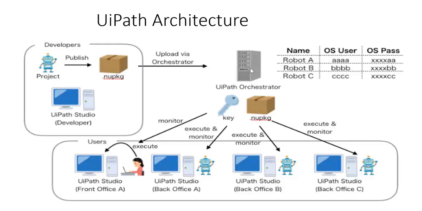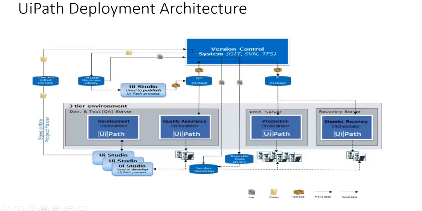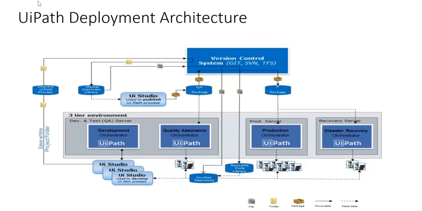If you see in the orchestrator, we have, for example, different users, say front office A, back office A, back office B, back office C. So the robots A, B, and C. Okay, so these can be accessed from the orchestrator by the different users, either in the front end mode or in the back office. So it can be monitored and executed from the orchestrator. So this is how the deployment architecture of UiPath looks like.